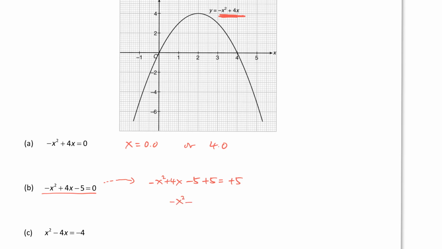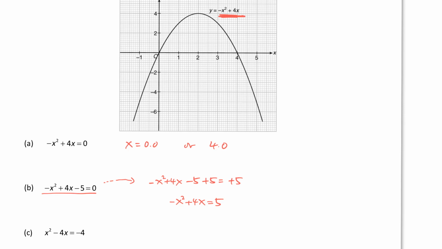So how do we make good use of the graph? This is the function y, y is equal to 5. That means I need to find the point when y is equal to 5. But can you see? Impossible, because y is equal to 5 is above this graph.